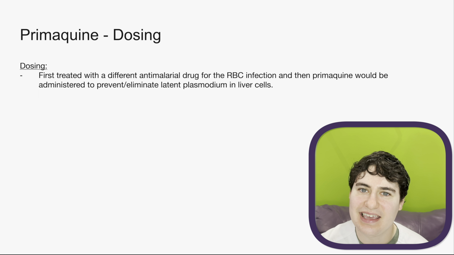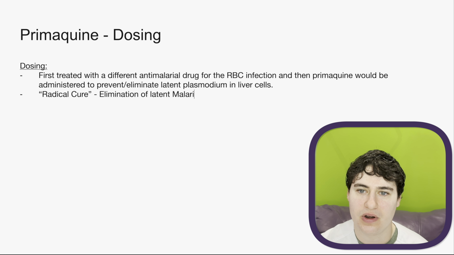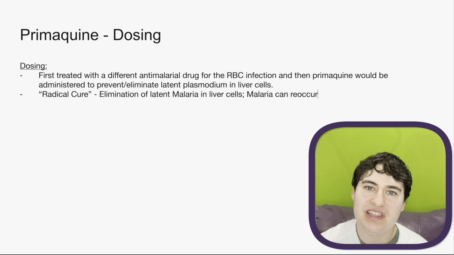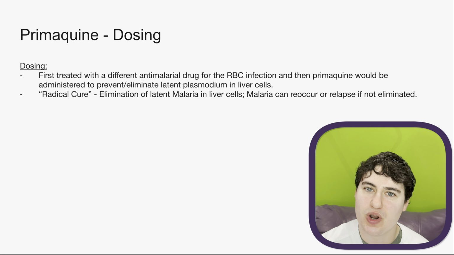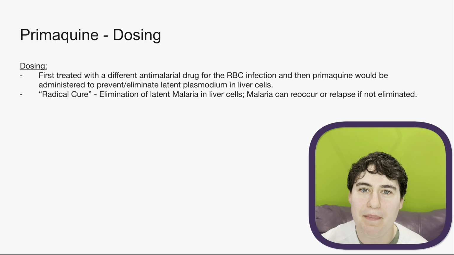Now the whole idea is called radical cure, and basically it's eliminating the Plasmodium within the liver cells. If we don't get rid of the Plasmodium in the liver cells, the malaria can come back a year later as a relapse, a reoccurrence of the malarial symptoms.